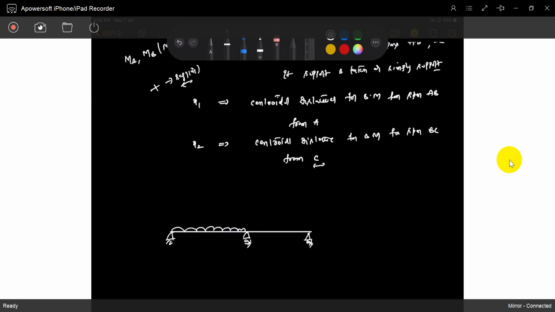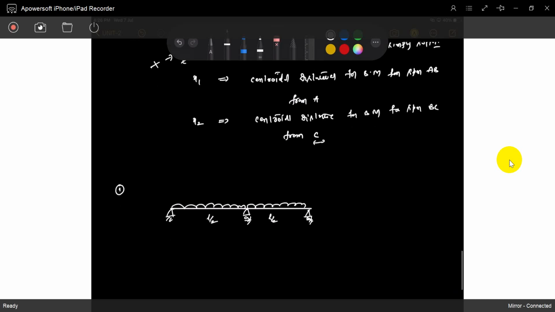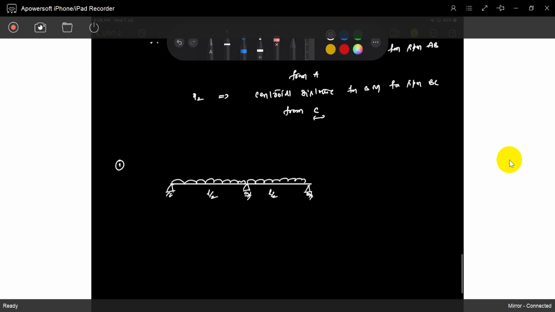Understood? Same problem. How can we solve it? This is L by 2, this is L by 2. So the indeterminacy is 1, but okay, we take it as a continuous beam and solve it. So MA L1 plus 2MB (L1 plus L2) plus MC L2 is equal to 6A1X1 divided by L1 plus 6A2X2 divided by L2.